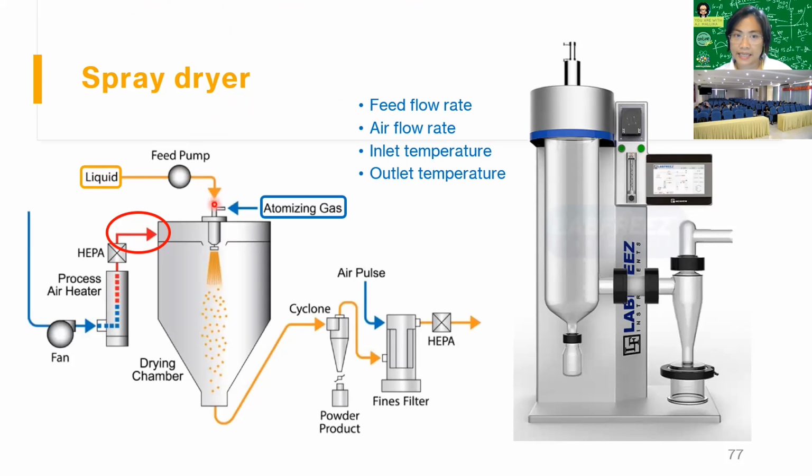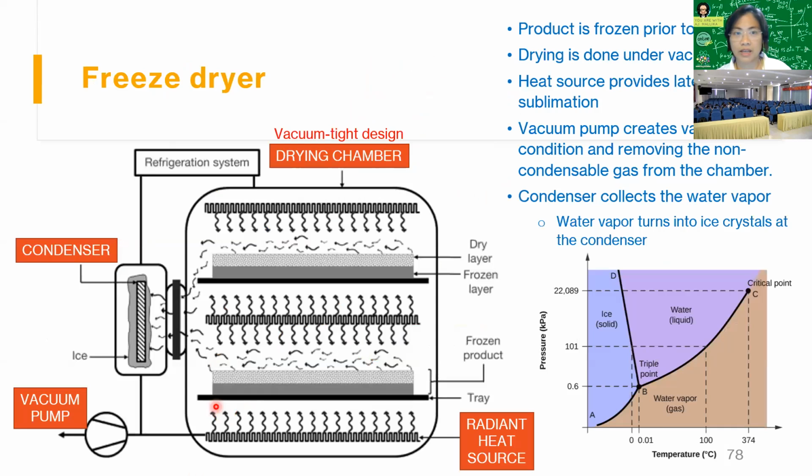You feed it into the spray dryer, and it sprays it down into small droplets, and then you flow hot air in, and the water evaporates, and you are left with a powder product. So that is a spray dryer. The factors are the feed flow rate, air flow, inlet temperature, and outlet temperature. Those are the things that you could control in spray drying.